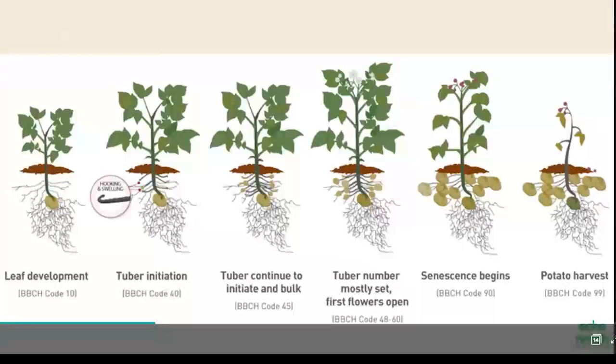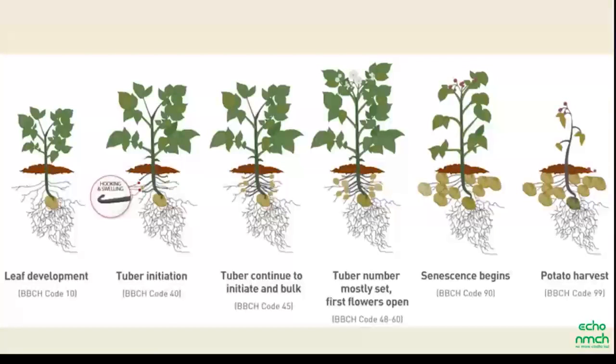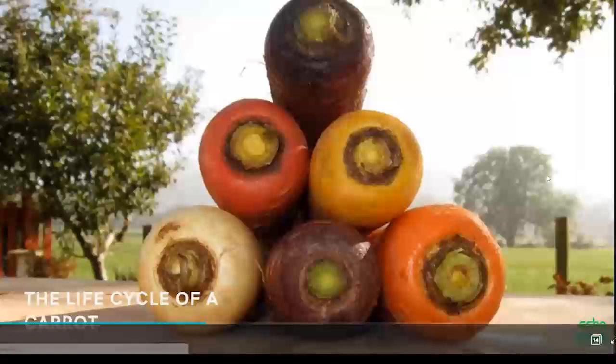This is a detailed step-by-step process of the same thing that was explained, which shows leaf development, tuber initiation, continue to initiate and bulk, and soon they are mostly set, and then potato harvest happens finally.